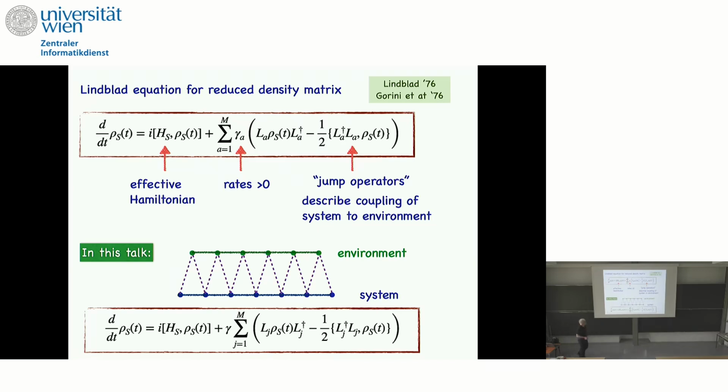You can generalize this a little bit, but this is what we've done. The environmental degrees of freedom I will take to couple across bonds, so the jump operators act on each bond in the geometric way I have described here.